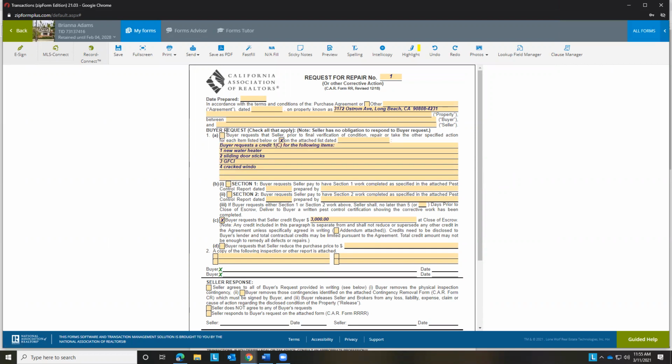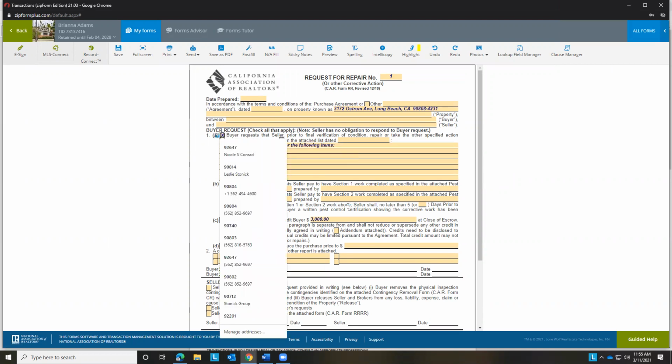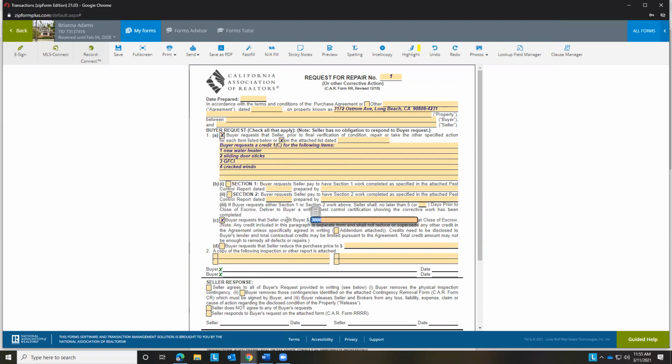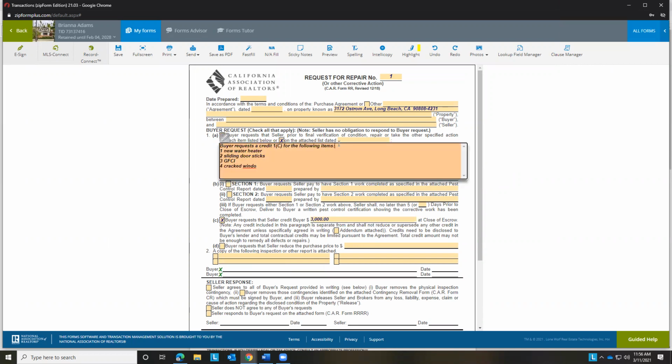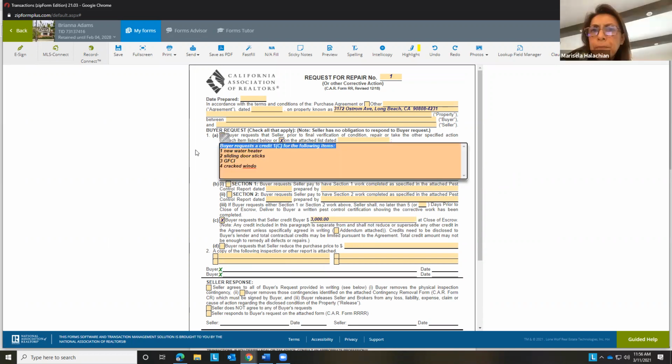In that scenario, I would check A and list all the items, and then at the bottom of that list say, or seller can credit buyer, blah, blah, blah. Where would you put the or? Instead of having it up here at the top, then you put it at the bottom.